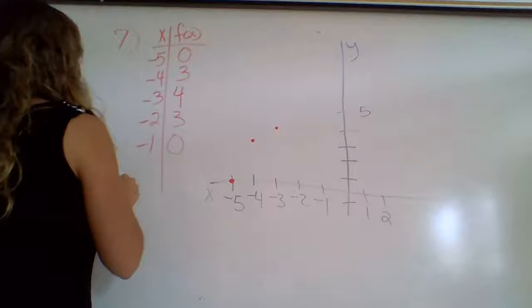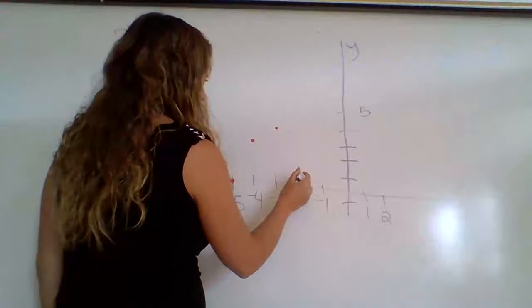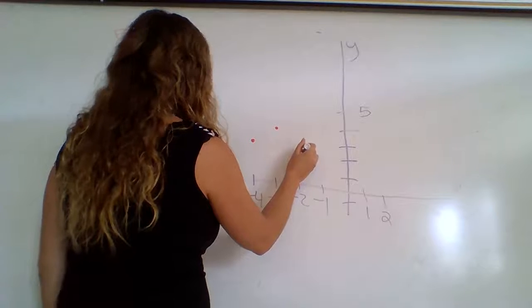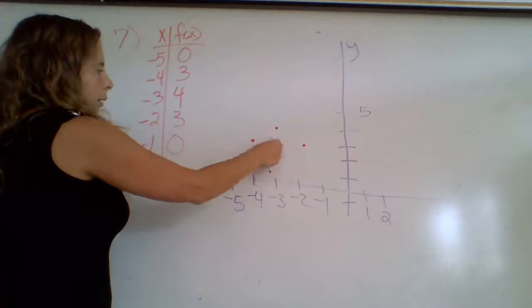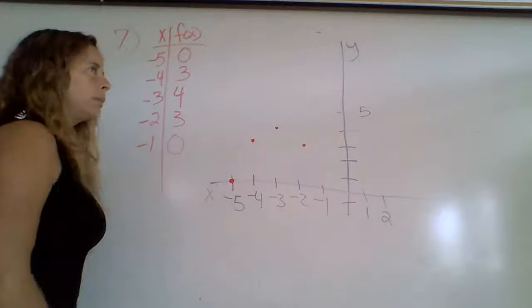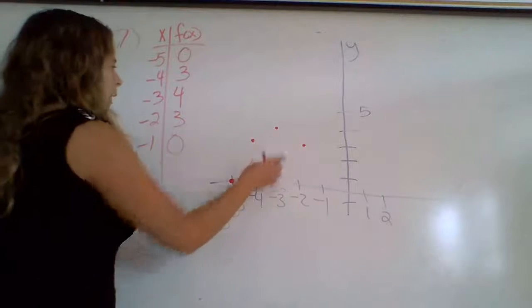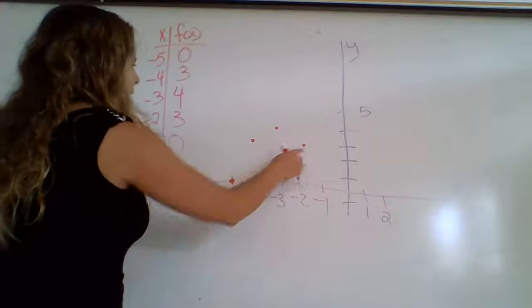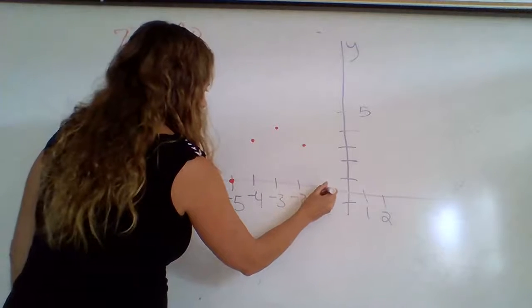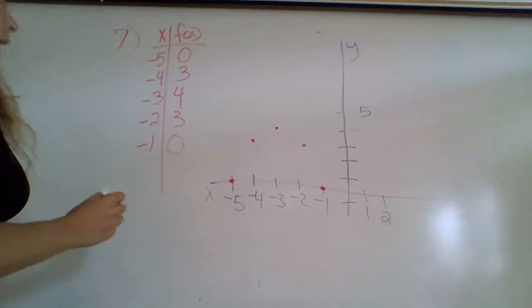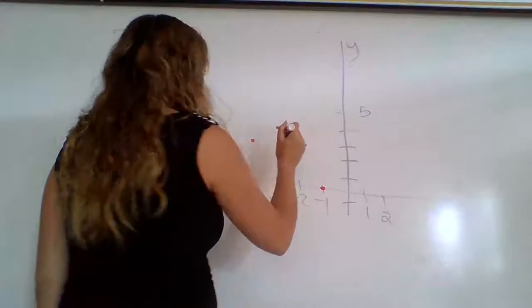And then -2, 3. So these are both 3, so they should be the same height. They're both at y equals 3. And then -1, 0.